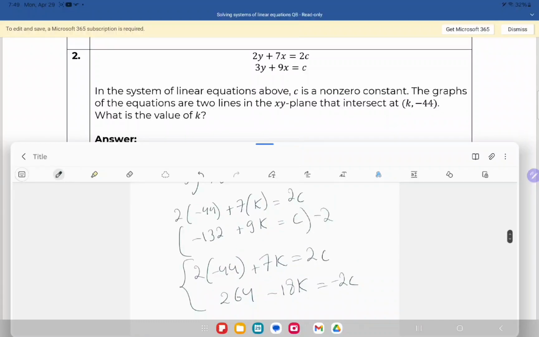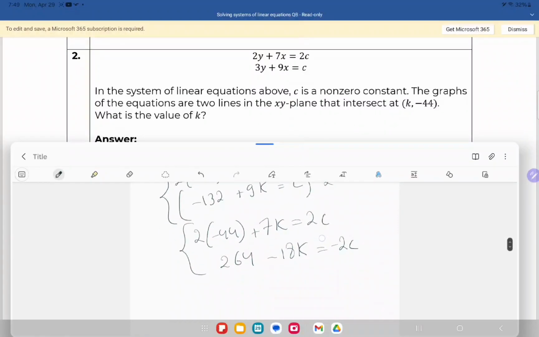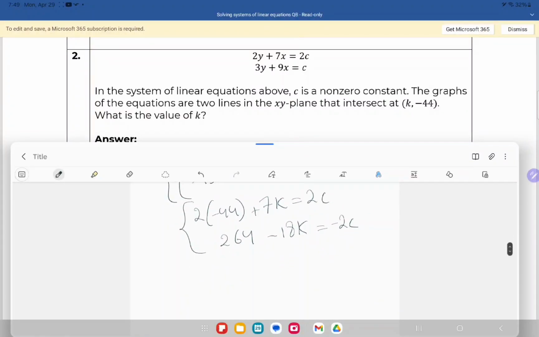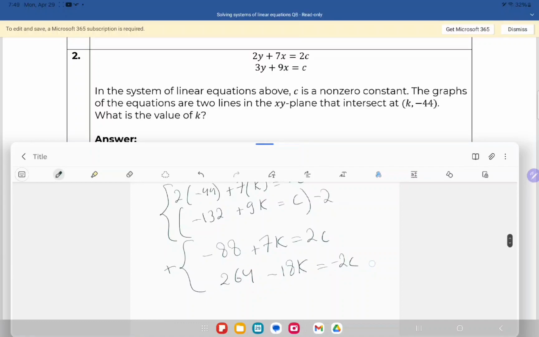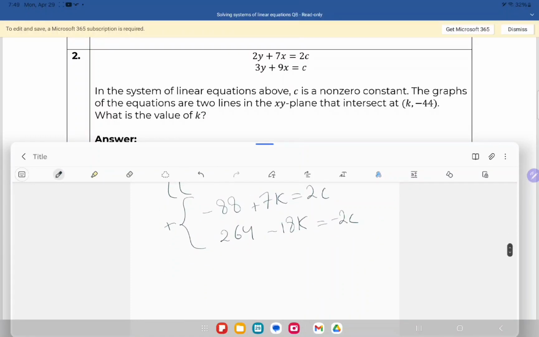Now, this is a system and this is a system. I'm going to add these two together. 2 times minus 44 is going to give me minus 88. So 264 minus 88 is 176.